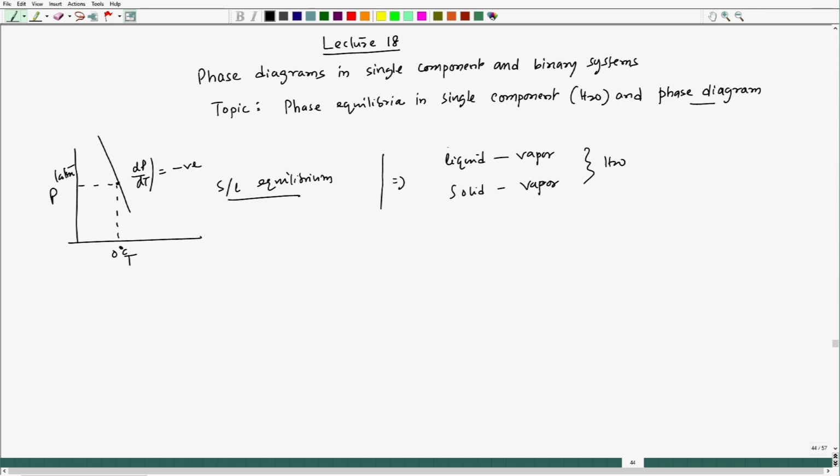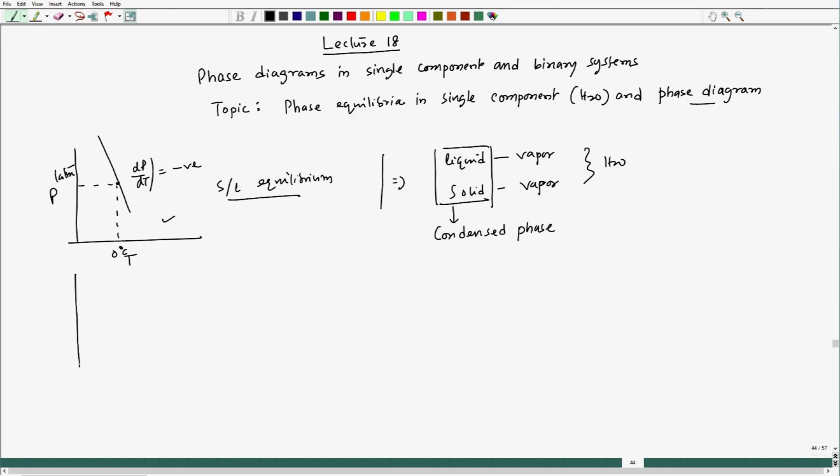Now, interestingly, these two phases can be taken as condensed phases. If they are condensed phases, we will see what happens if the vapor forms. But let us first see what we have done. How did we perform this particular analysis?